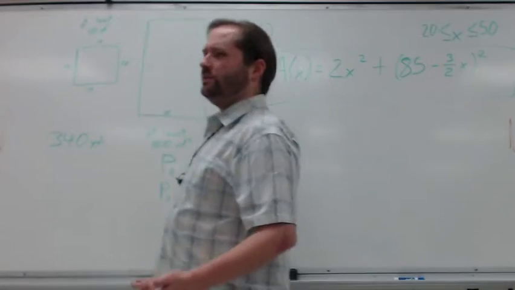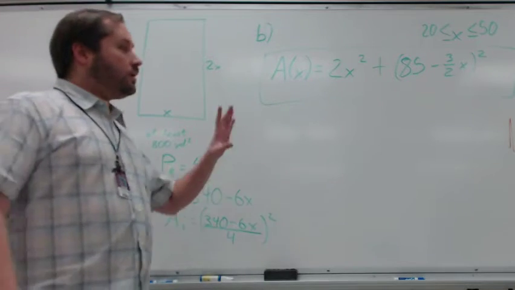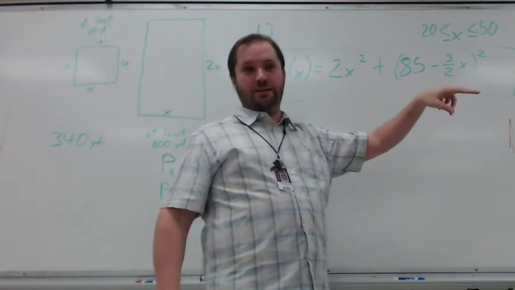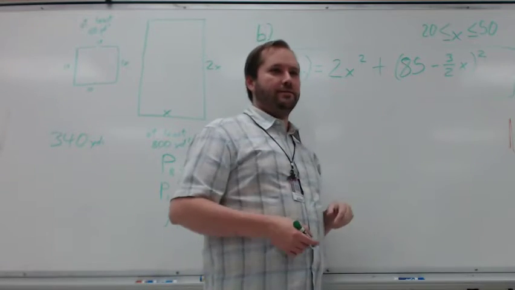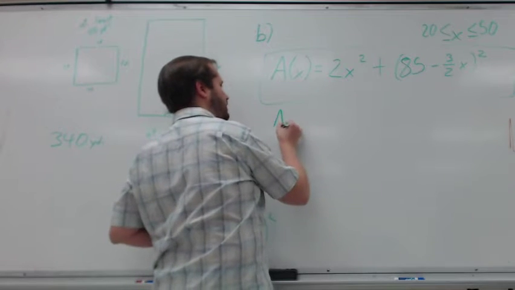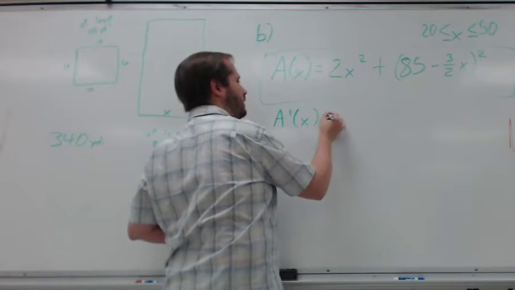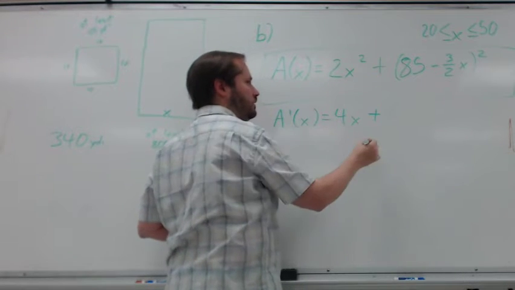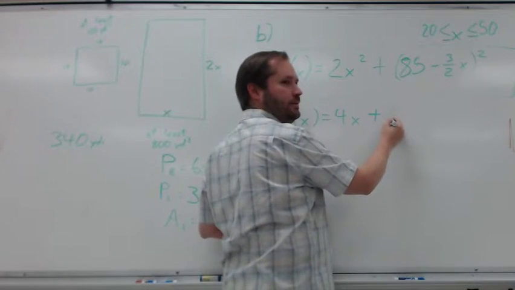What are we trying to do? Take the derivative. We're going to have to take the derivative of this, and then set it equal to 0 to find the max. Good? Okay, so let's take the derivative. I'll do the hard part. That's going to leave us with 4x, and you all can do this easy part over here.